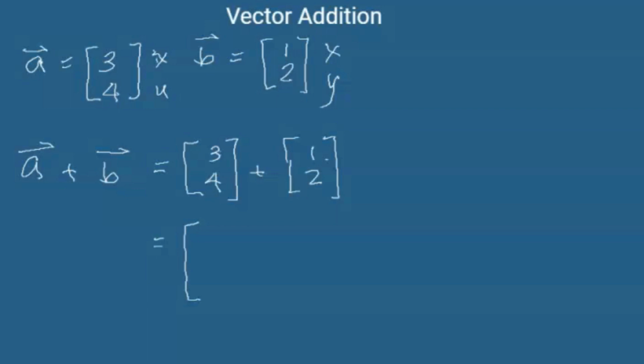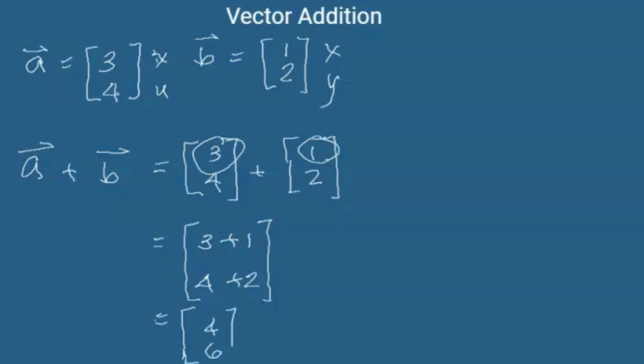So for x, that would be 3 and 1. And for y, that's 4 and 2. So that's 4, 6. Okay, how do we put this in a graph?